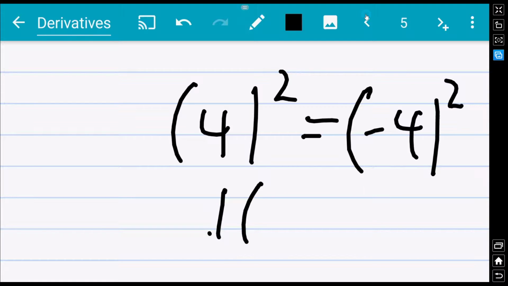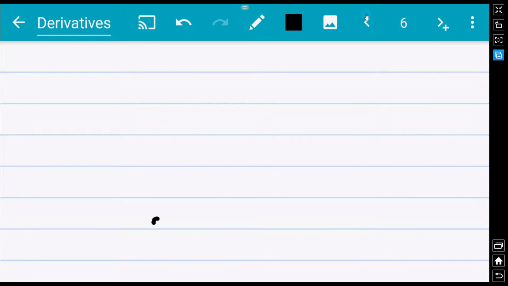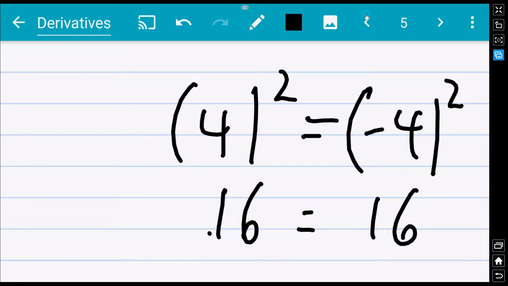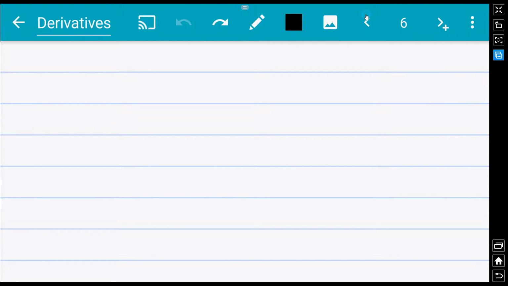They're both 16, because negative 4 times negative 4 is also 16. Now, that's a review of functions.